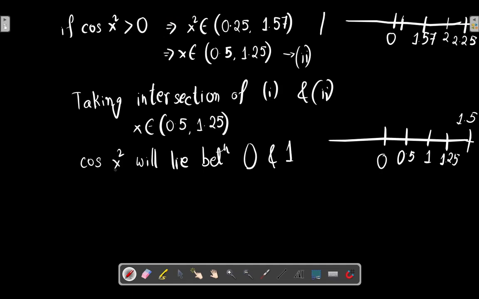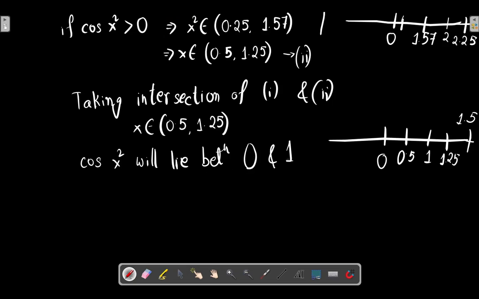Because cos is in the first quadrant, and x does not take the value of 0, or the value of pi upon 2, right? So cos x square, the value of this lies between 0 and 1.